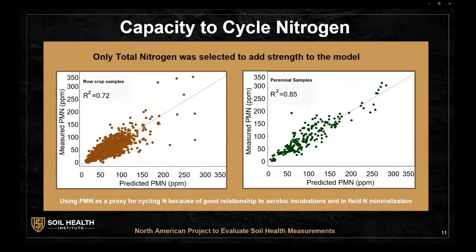The most predictive set of indicators was total nitrogen, carbon dioxide respiration measured with a 24-hour burst, clay, sand, and temperature. And so using those, that multiple regression for the row crop systems, we were able to explain 72% of the variation. And in the perennial systems, we're able to explain 85%.